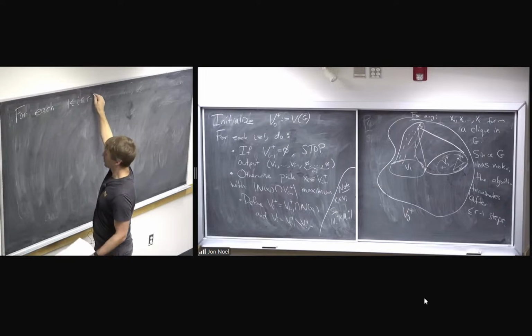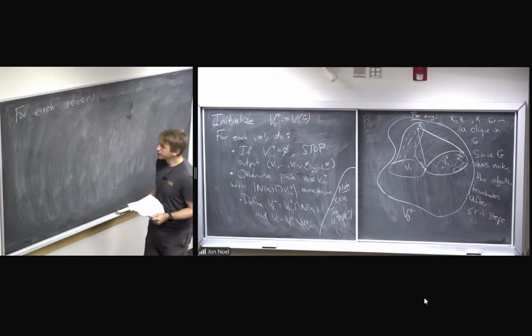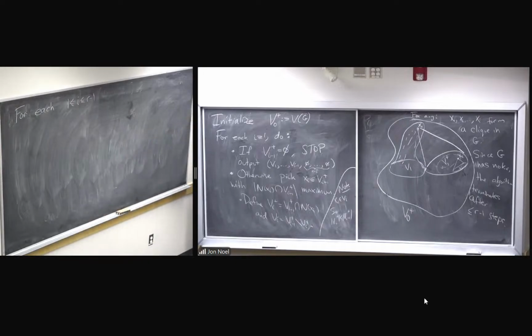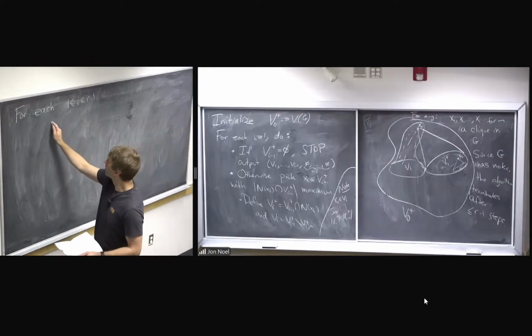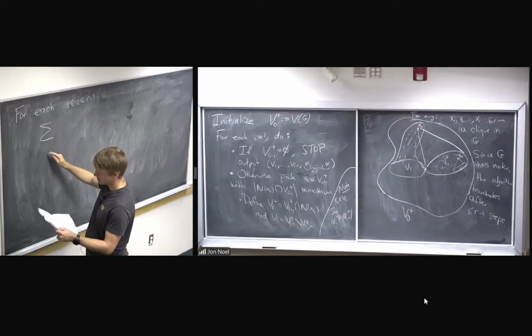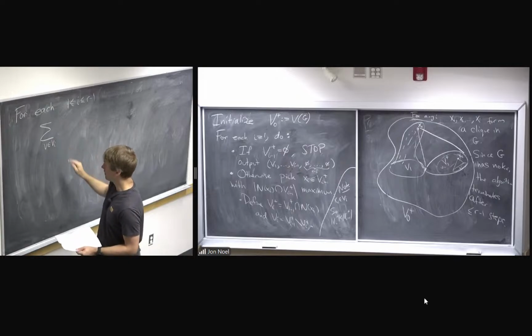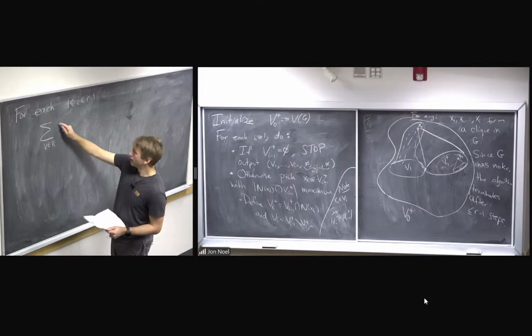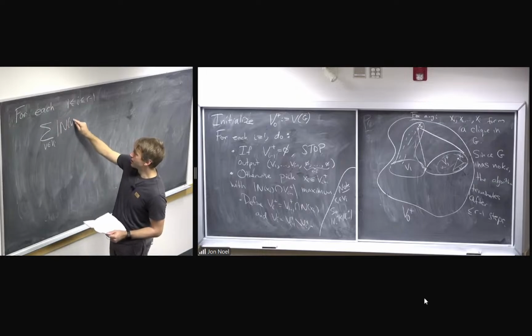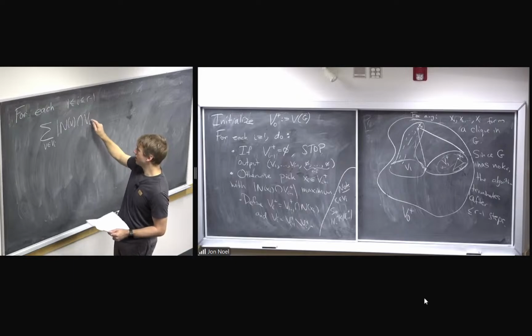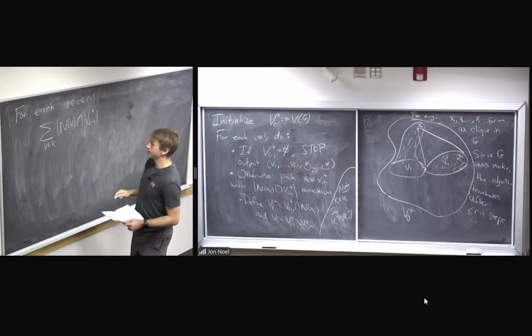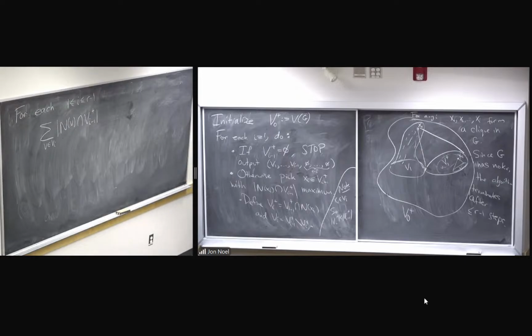So for each index i, suppose I go over all the vertices in V_i and count the number of neighbors of v within V_{i-1} plus.